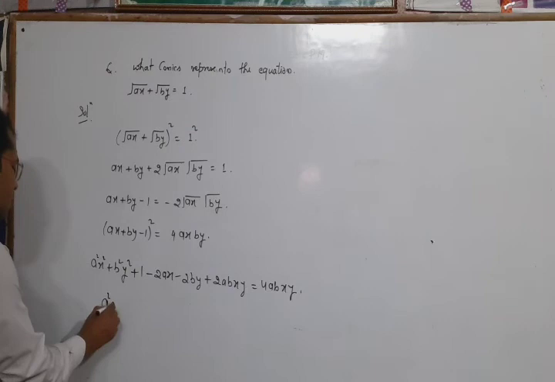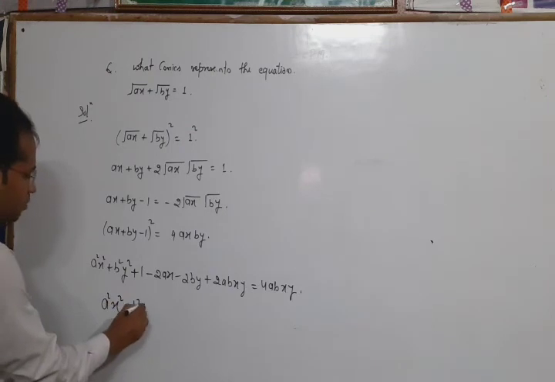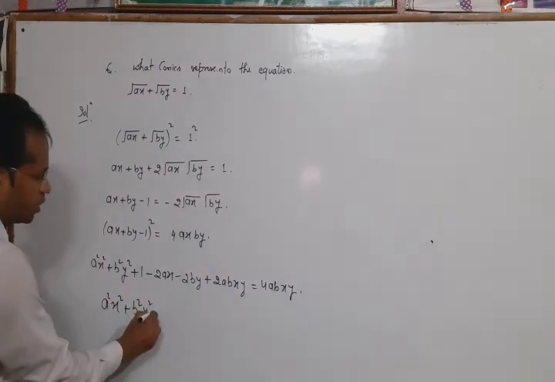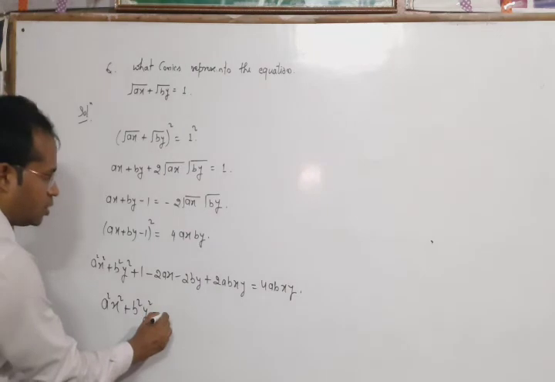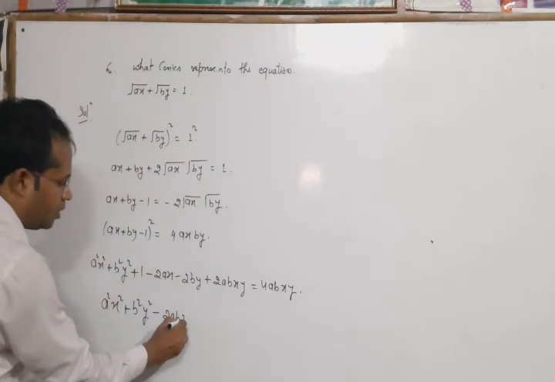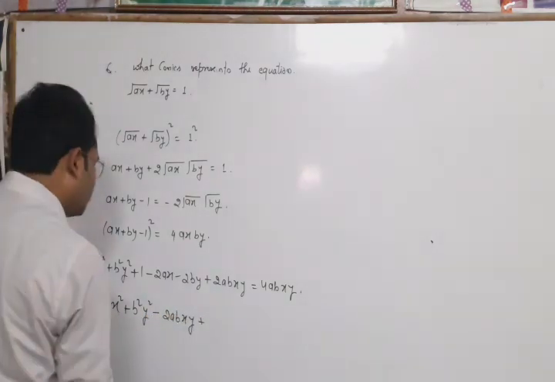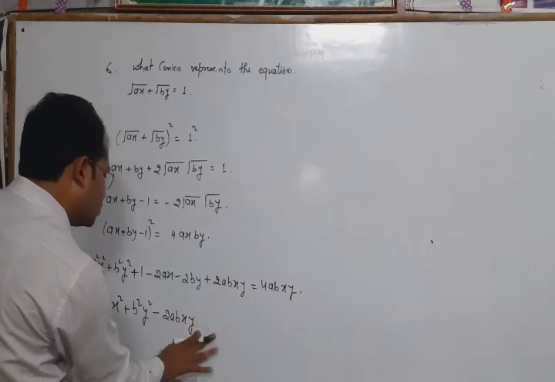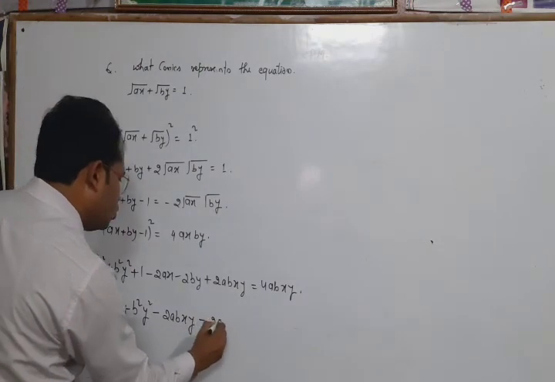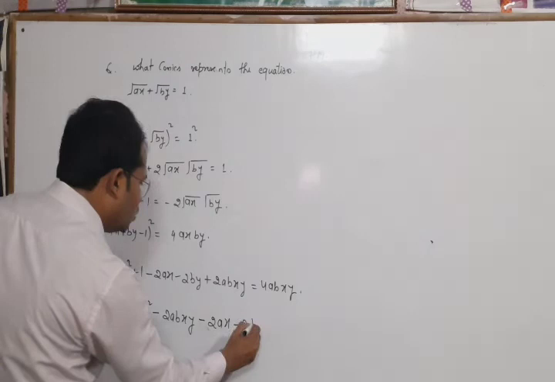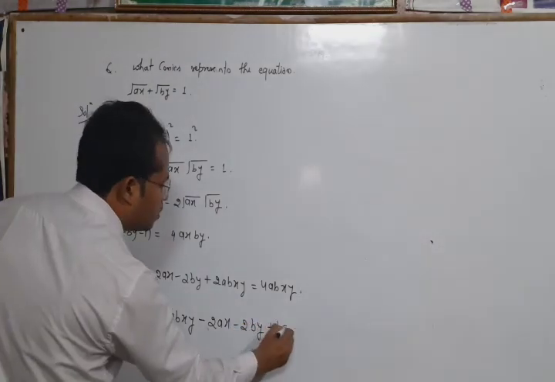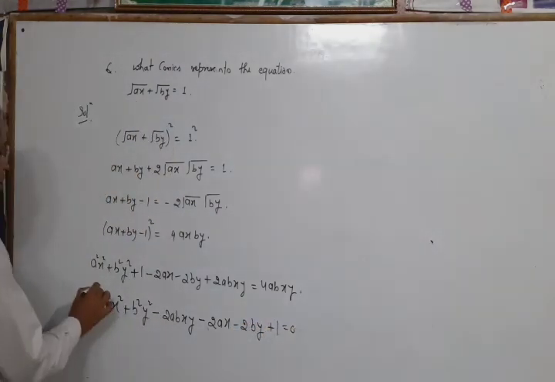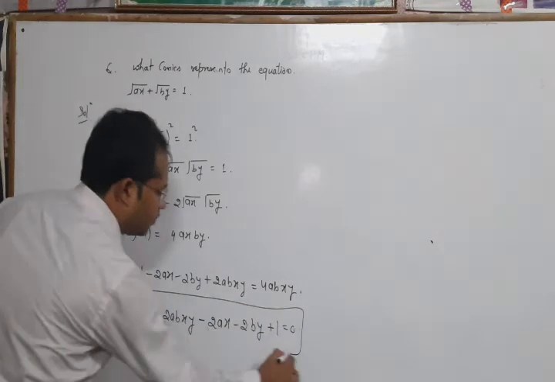A square x square plus b square y square minus 2ab xy minus 2ax minus 2by plus 1 is equal to 0. It is the standard form.